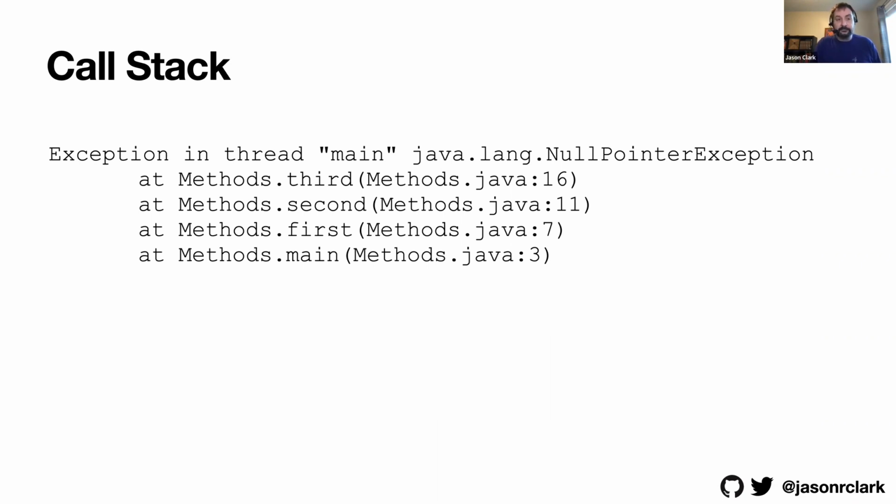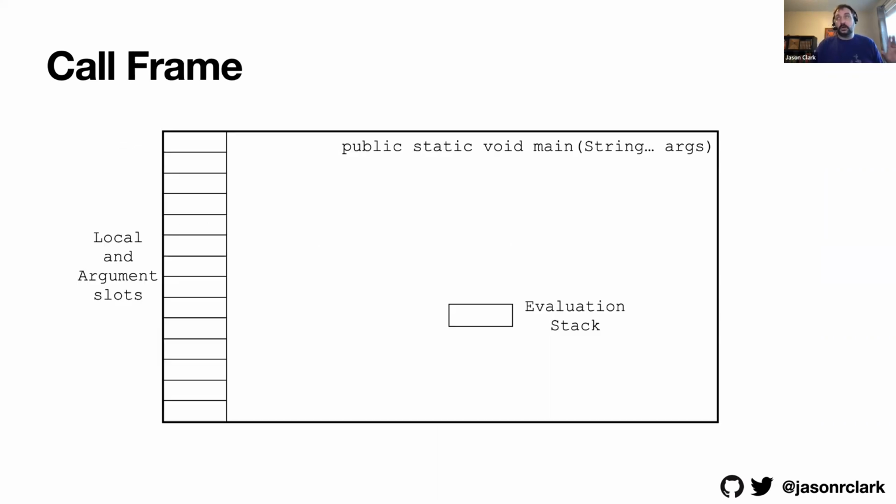Each of these method calls is what we call a call frame, and so this is the representation of one particular call of a method. It has some important pieces that we want to look at in how the JVM actually executes. First off, it knows who it is. It knows where it came from, it knows its parent, and if it calls another method, it knows what methods came after it, and understands the stack that it's part of.